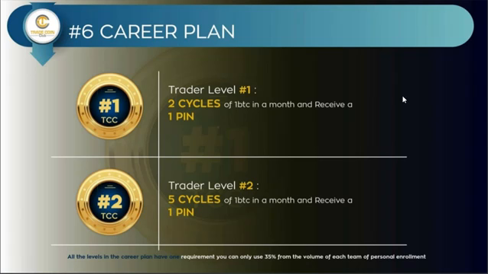Okay, now I'm not 100% sure exactly how this works, but I believe it goes like this. I believe in order to cycle, you have to have one member on your left and one member on your right.